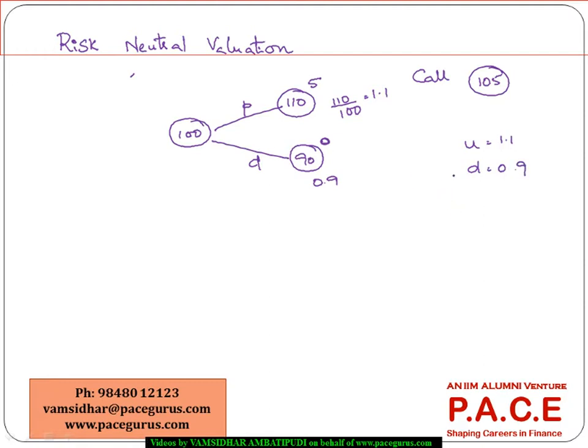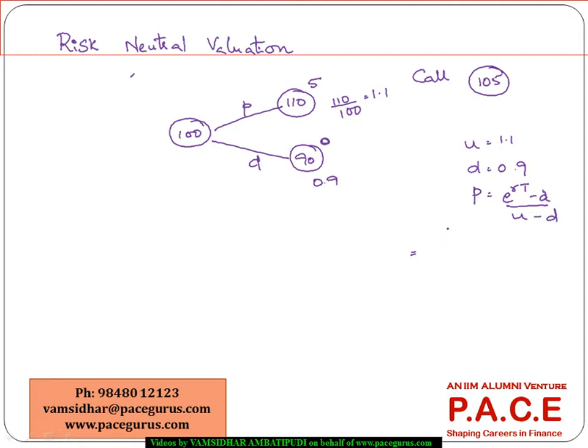Then the probability of upward movement, here we will use the formula e power RT minus D divided by U minus D. This is the probability of upward movement we would be talking of.